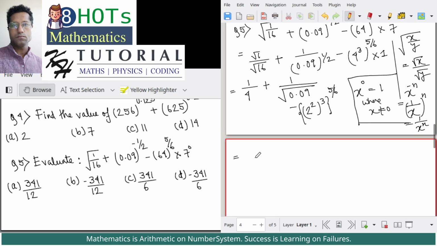so this is now 1 by 4 plus 1 by square root of 0.09. So we have to find the square root of 0.09. I will express the decimal 0.09 in the rational form, which is 9 by 100, and I have minus, now (2 square) whole raised to the power 3 is 2 to the power 6.